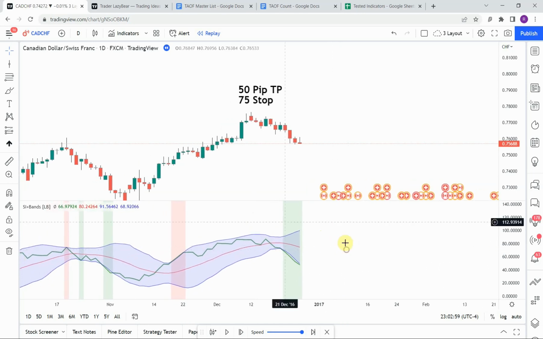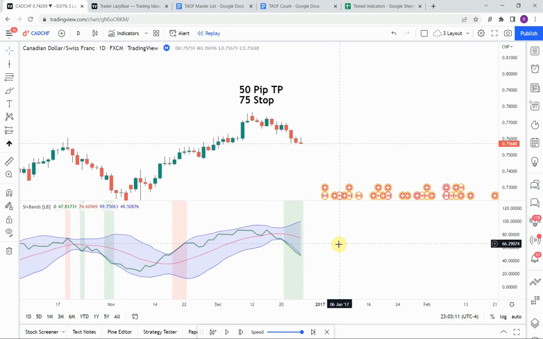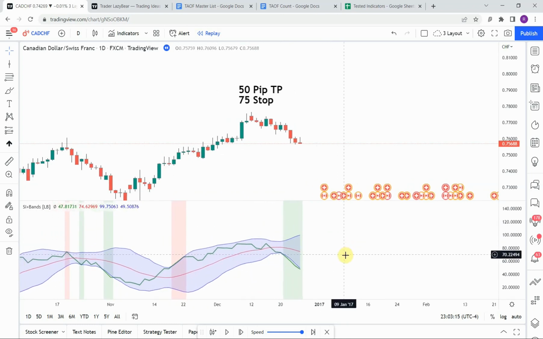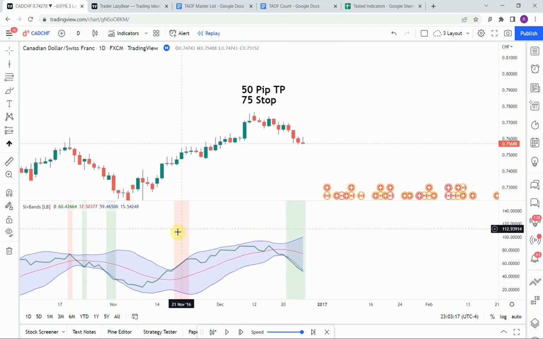Again, you can see it here on the bottom of the screen, and the setup on this is going to be relatively easy. Basically, what we are looking for is when we get these green and these red kind of background colorations in the indicator.